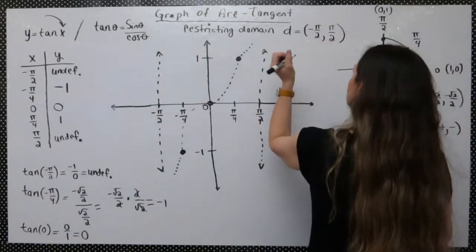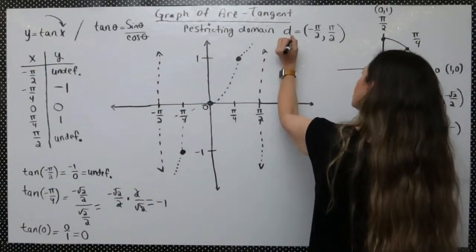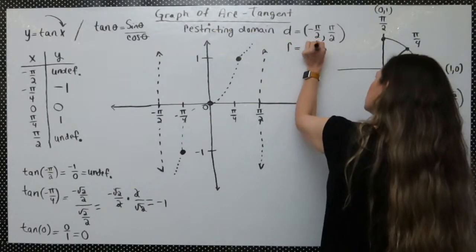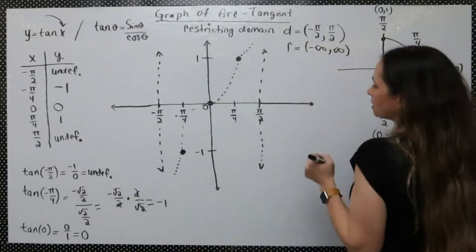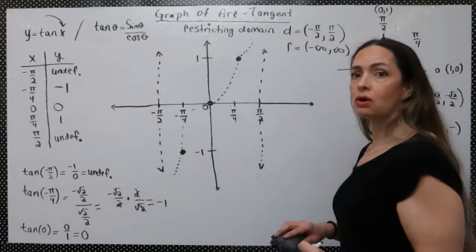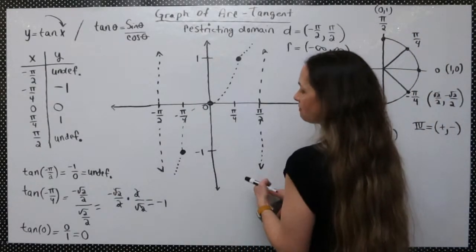And the range of tangent, okay, has always been negative infinity to positive infinity. And then the domain looked funny, and I had to write it using set notation, if you recall, because of these asymptotes that are appearing every pi value.